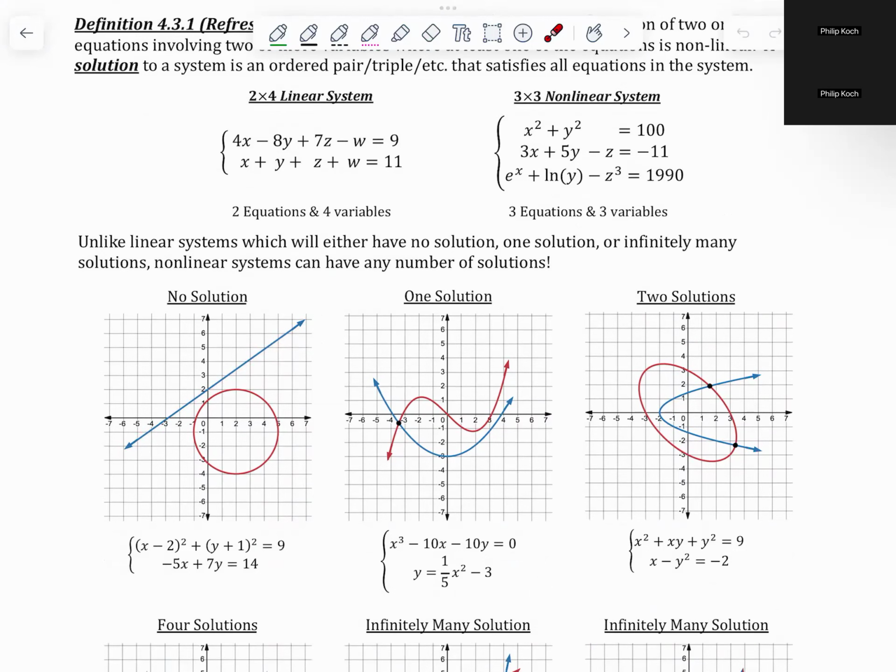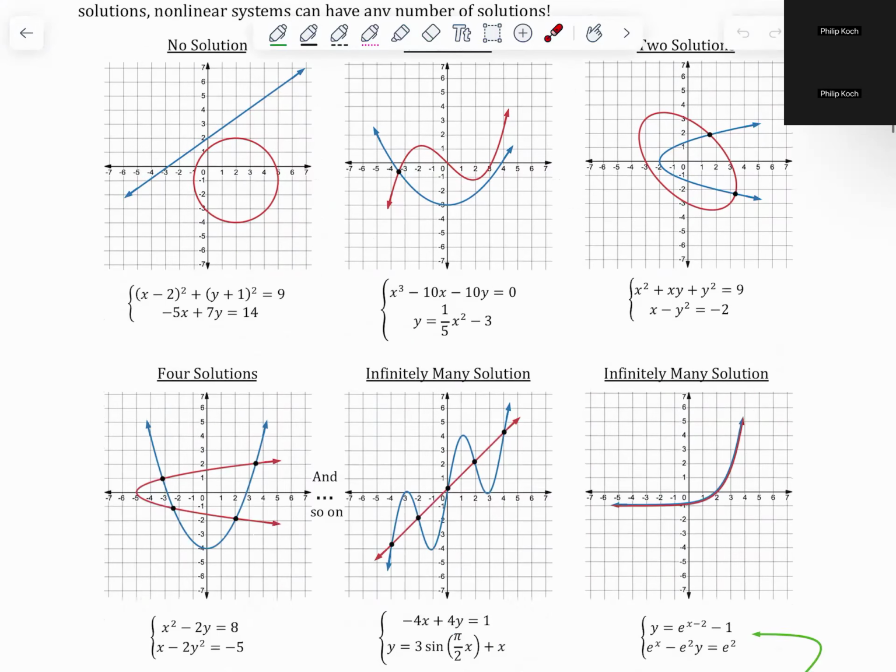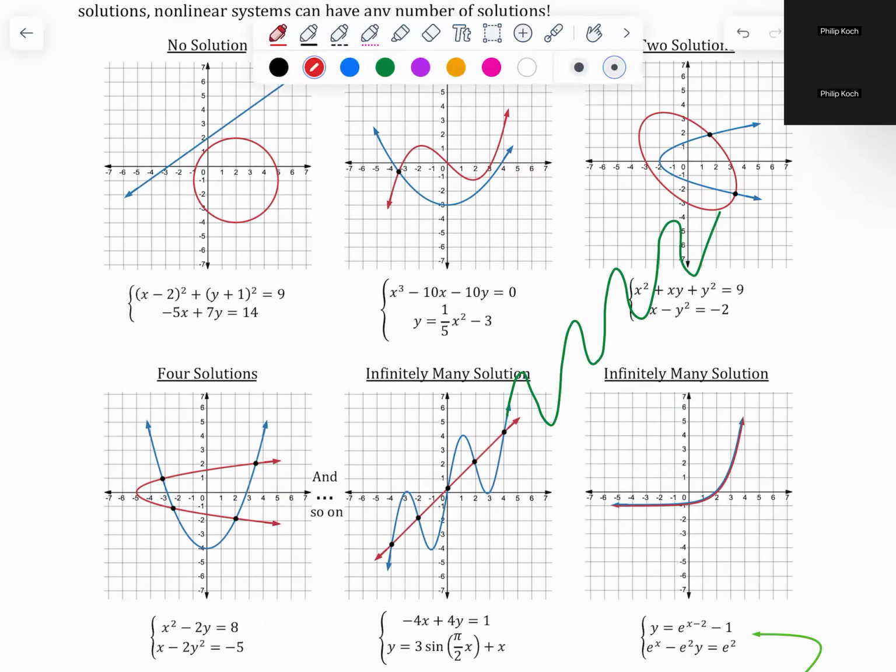You could have one solution, two solutions, or four solutions. And this one looks like it's supposed to be going off into space, but the intention is that it goes back and forth like this. So this curve has countably infinitely many solutions.